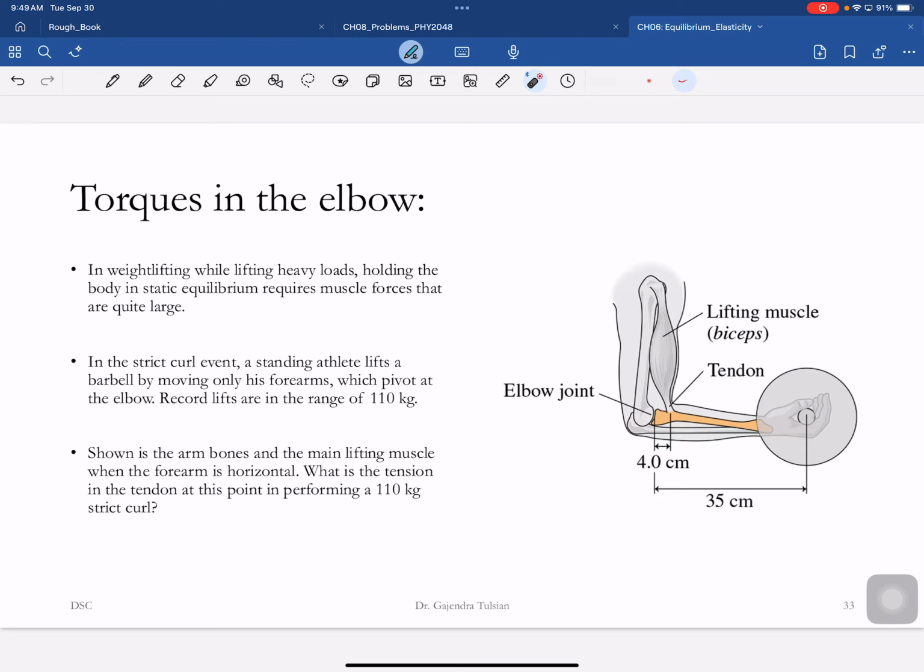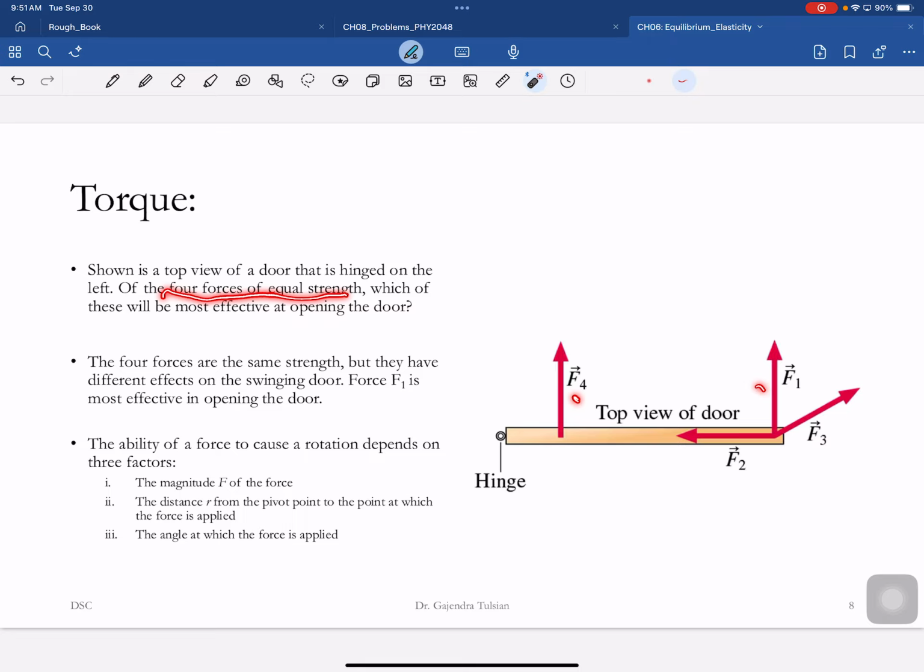Again, shown is the top view of a door that's hinged. Of the 4 forces of equal strength, which will be most effective in opening the door? The effectiveness of a force to open the door is the torque, which is F times the moment arm.